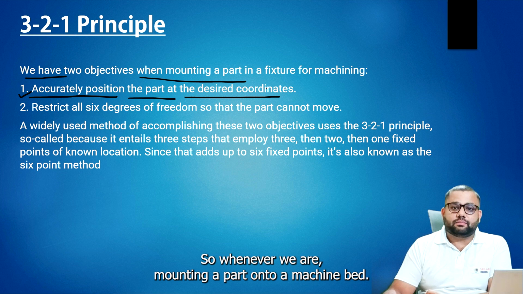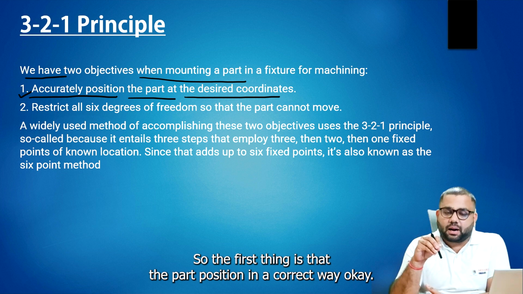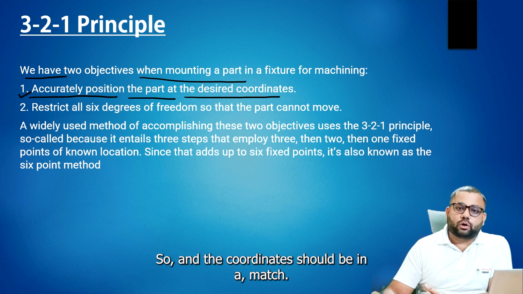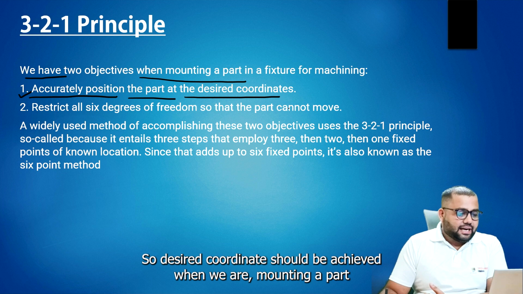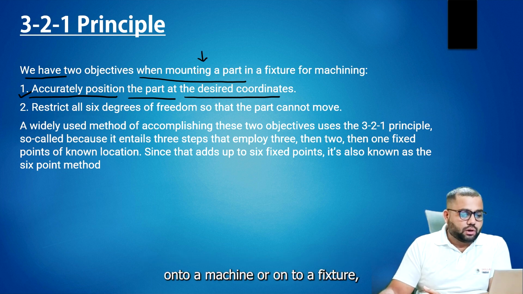Whenever we are mounting a part onto a machine bed, the part should be positioned in a correct way, and the desired coordinates should be achieved when mounting it onto a machine or fixture for machining.